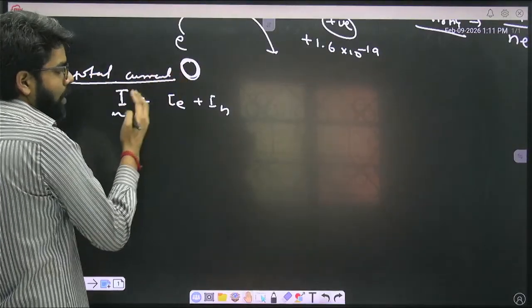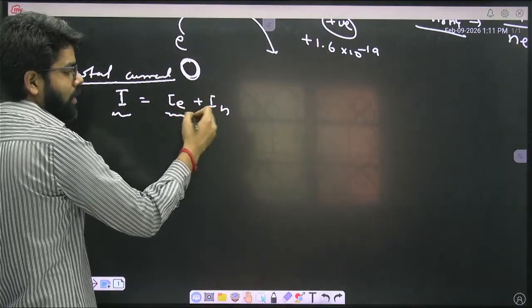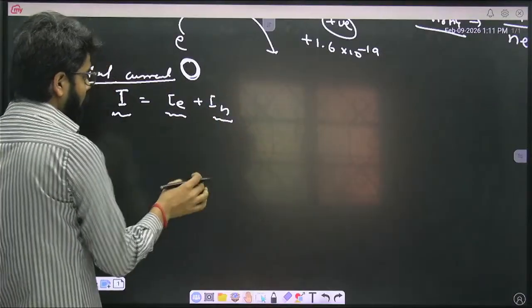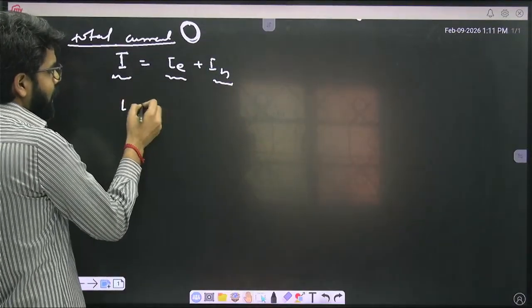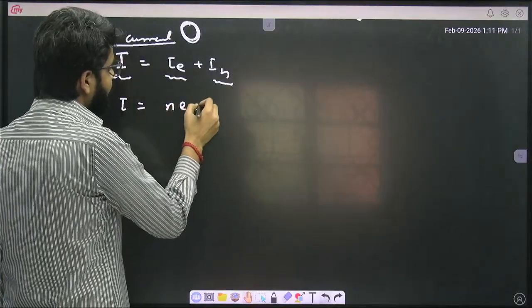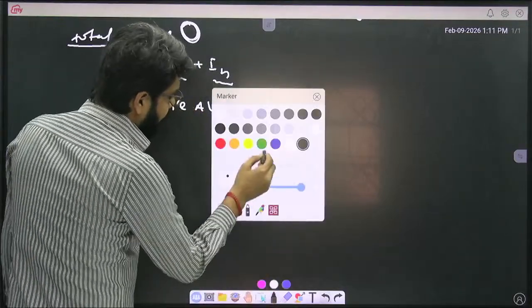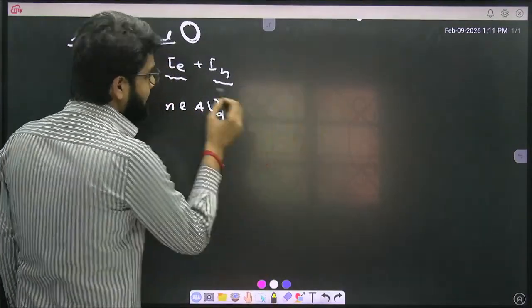So I is equal to I_e plus I_h, that is the current due to the electron, and this is the current due to the hole. If you write it again, I can be written as I is equal to n e A v_d. Okay, I will put a subscript here since there are two types of charges in the semiconductor.